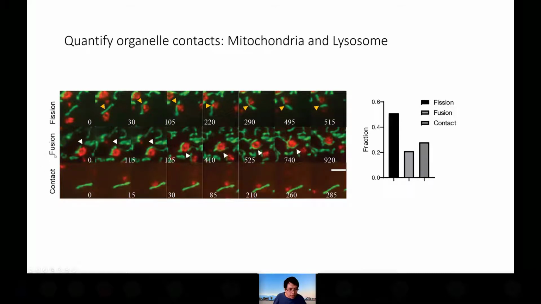In some other cases, we found that the lysosome helps the mitochondria fuse together, and this is called fusion. In other cases, there was simple contact between these two organelles, and then we can quantify the fraction of these events against others.